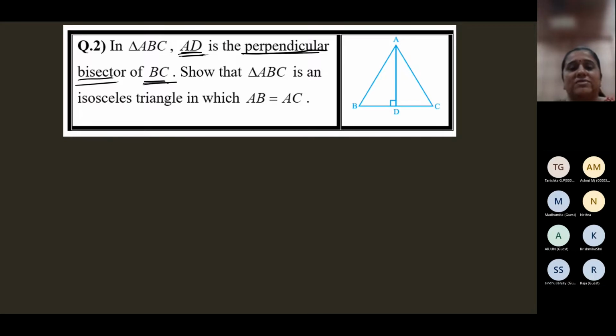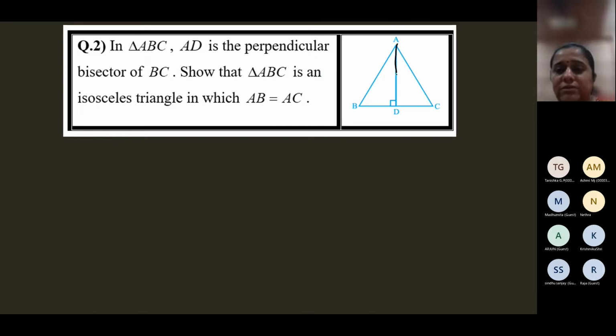A line segment is bisected, an angle is not bisected. There's a difference between an angle being bisected and a line segment being bisected. If an angle is bisected, it is divided into two equal angles. If a line segment is bisected, so here BC is bisected at D, that means BD is equal to CD.